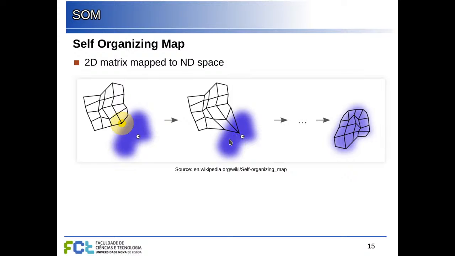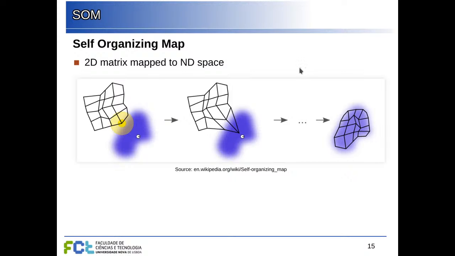So what happens is that eventually, when we present many examples to the network and we keep reducing the size of these steps, the network freezes in a way that the neurons are spread out across the cloud of examples, but they retain this neighborhood topology because of the way they are related inside this two-dimensional matrix.